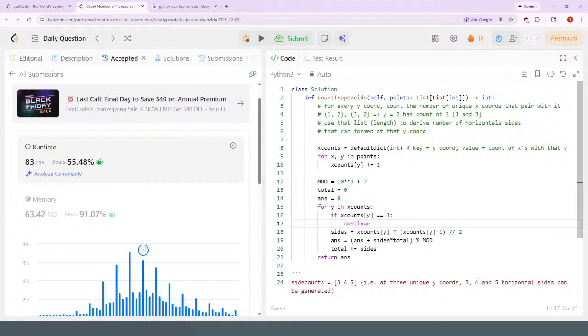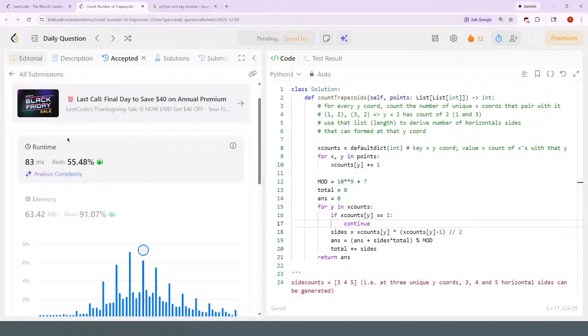I wonder if there's something here. I wonder if I can do some sort of counter. No. Okay, I kind of give up.